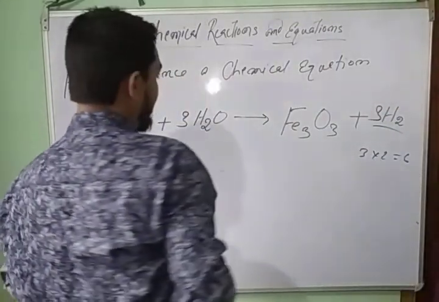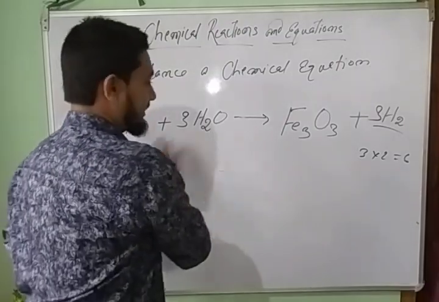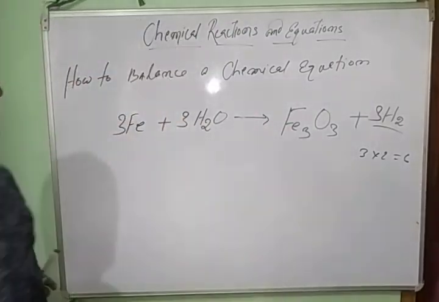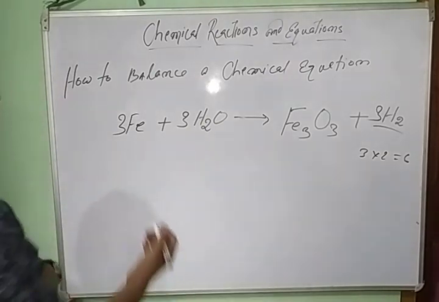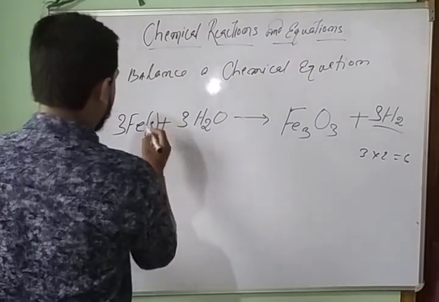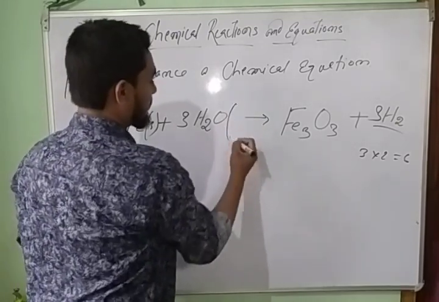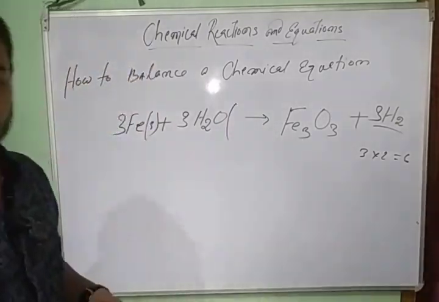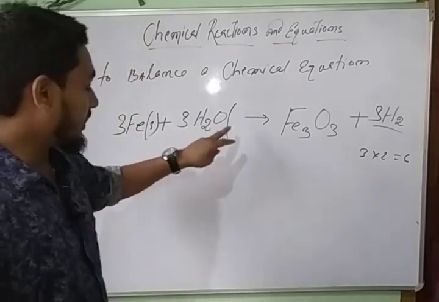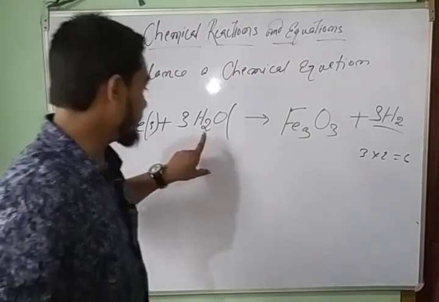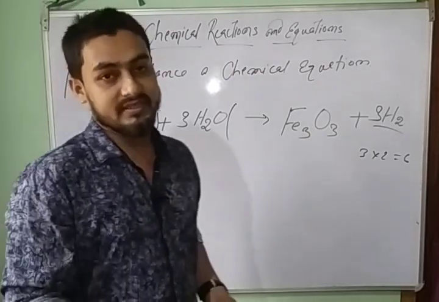Now write the physical state of the reactant and the product. Generally Fe you will find in solid state, that means S, and Fe reacts with water. Water at room temperature is in the liquid state, but you can't write L here because Fe does not react with water in its liquid form.